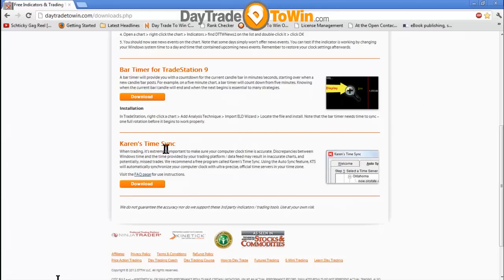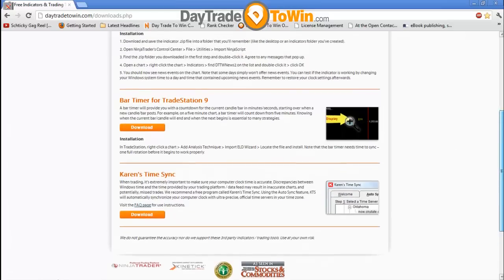And this time sync, I think everyone should have, because it makes sure your computer clock is synced to all the other servers in the world, so we're not off by a second or two, which definitely changes the closing price of candles. These are 3 downloads available here.